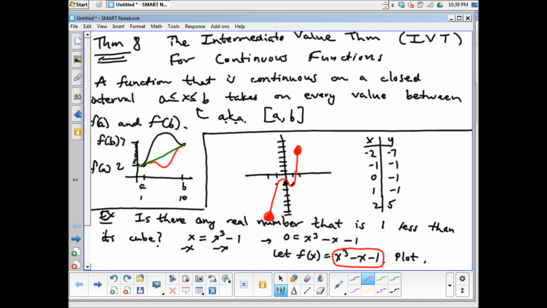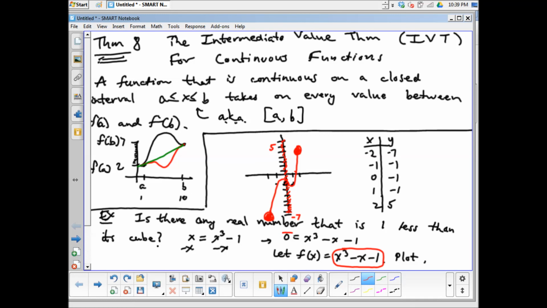Since this is down at -7 and this is up at 5, the IVT is stating, with 100% certainty, that we did pass through the y equals 0 mark, because that's one of the possible y values here. So this graph does pass through the x-axis.